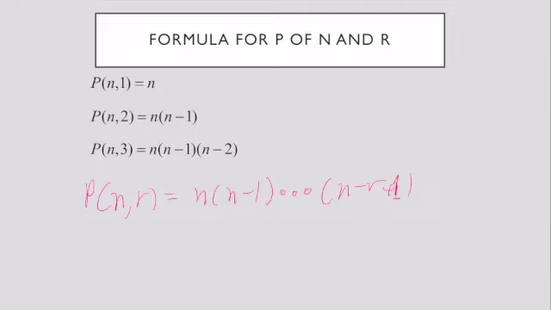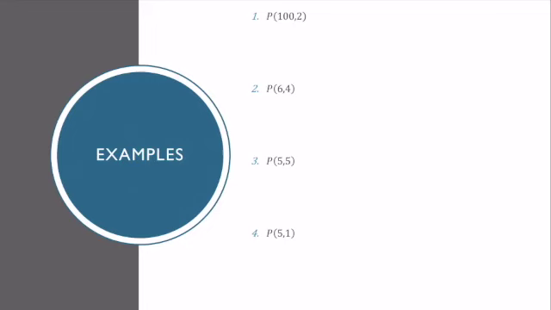Let's do quite a few more examples of this. If I have P of 100 choose 2, that's going to be 100 times 99. If I have P of 6 comma 4, that's going to be 6 times 5 times 4 times 3. If I have 5 choose 5, there's only one way to do that.